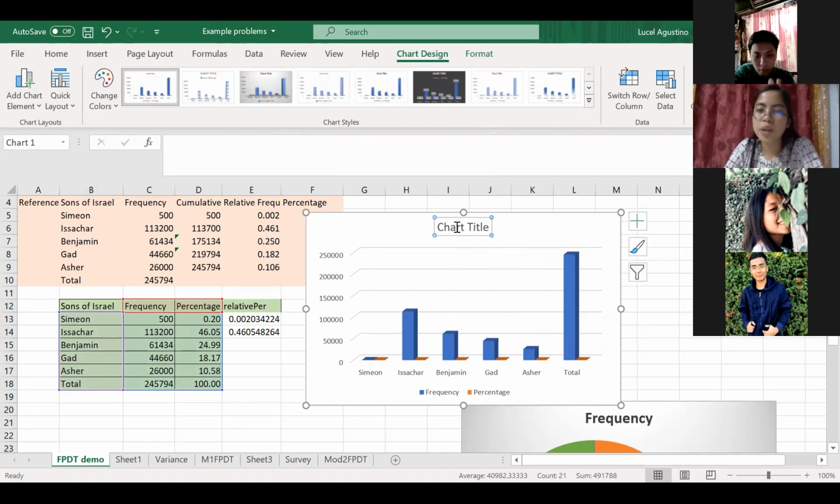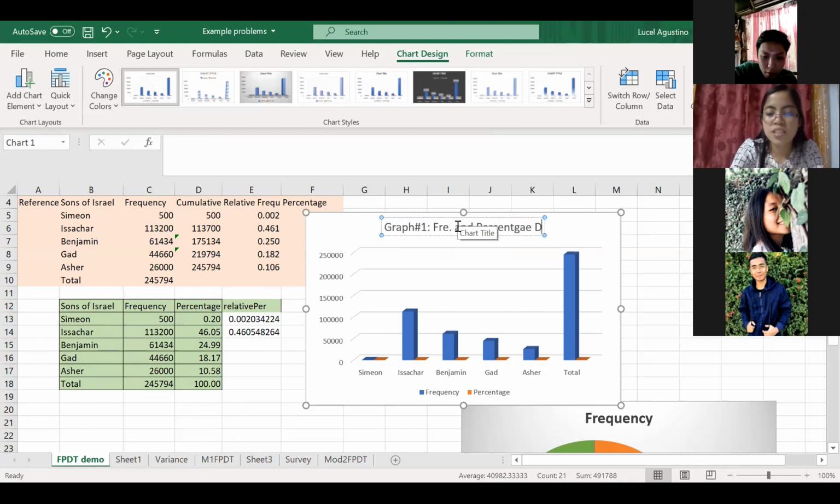And then remember, please take note of the parts of the table when say this graph or this bar graph. So you have to put in all cases, if you are presenting some data, you have to put your heading, for example, graph number 1, and then title, frequency and percentage distribution of sons of Israel.